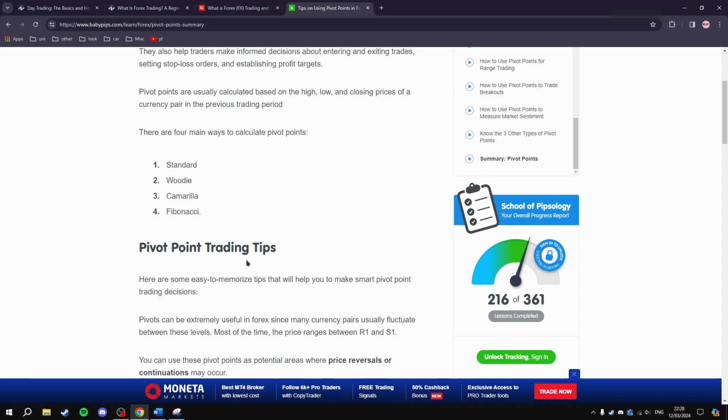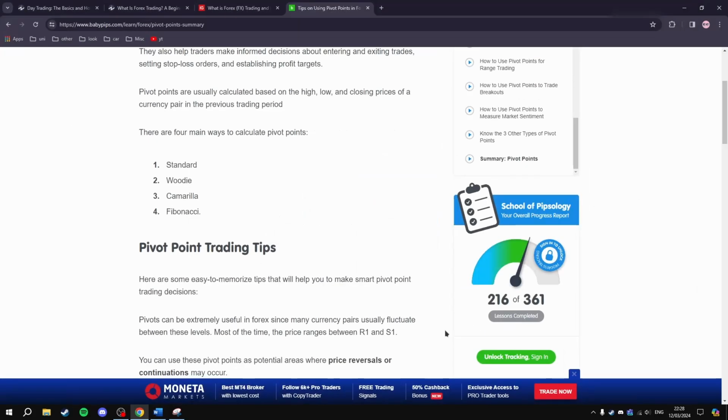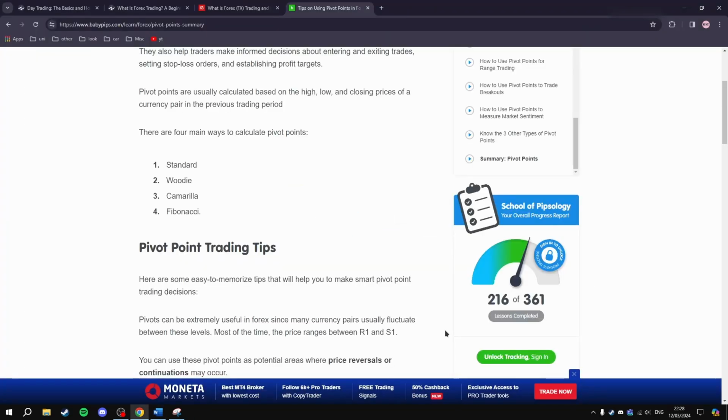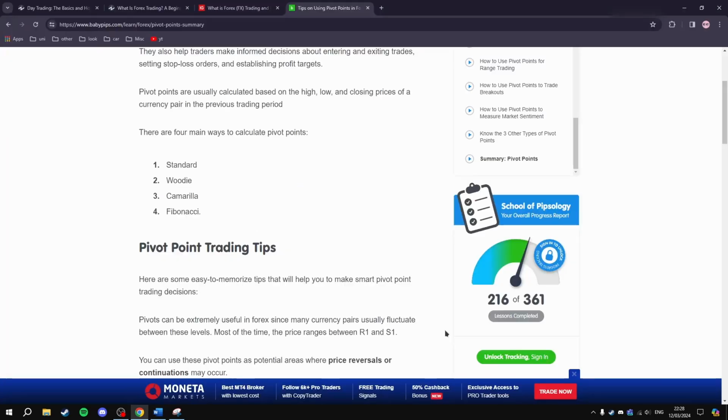Pivot points are usually calculated based on the high, low and closing prices of a currency pair in the previous trading periods.